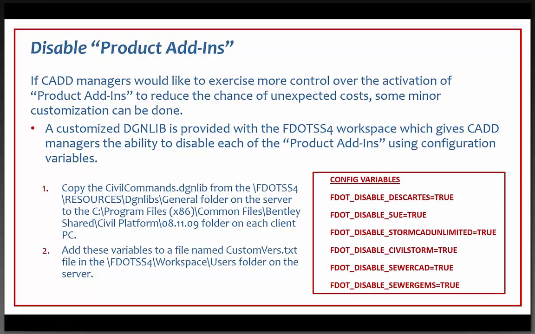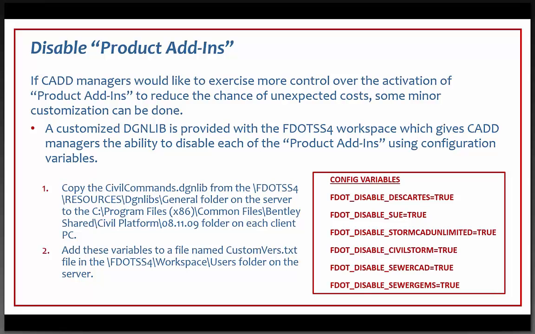And it's real simple. Basically, I went in and tracked down where their DGN lib was that was displaying the menu options for the product add-ins menu. And then I added some additional properties to them that will allow you to add configuration variables to the workspace to disable those tools.